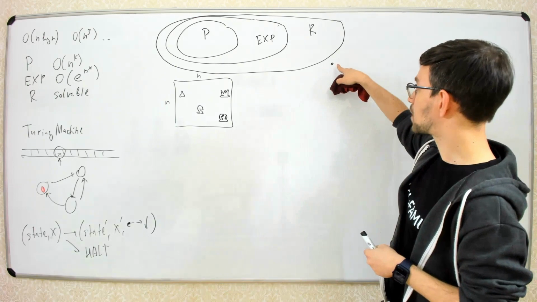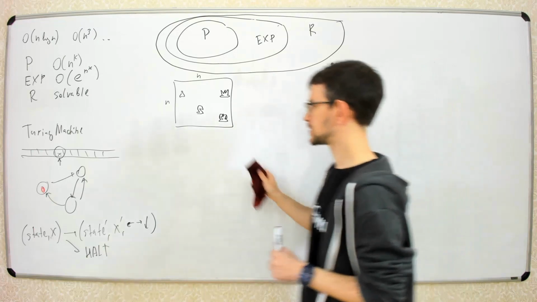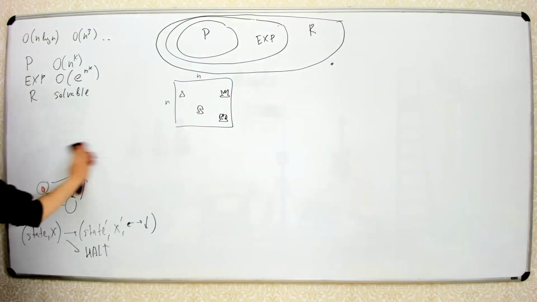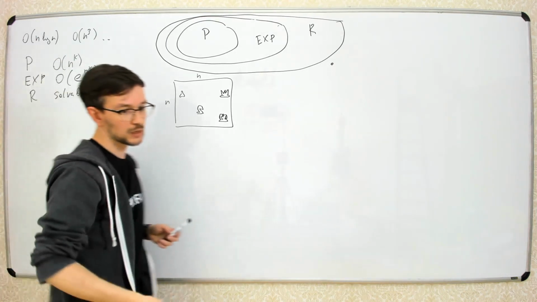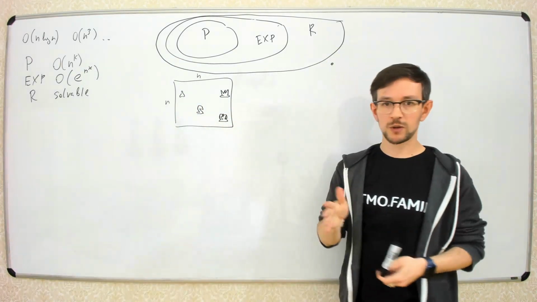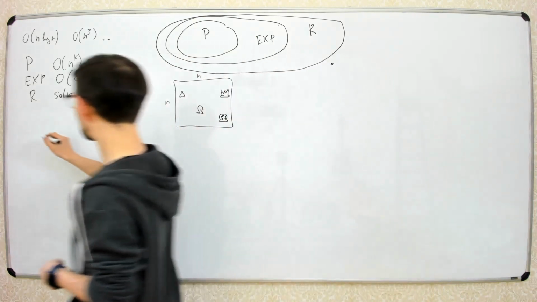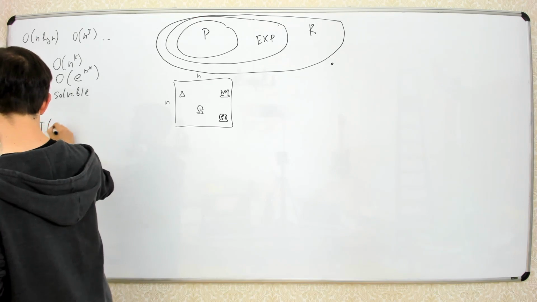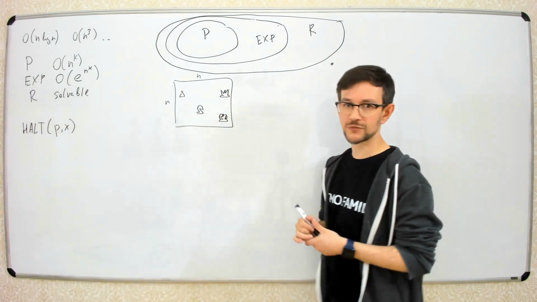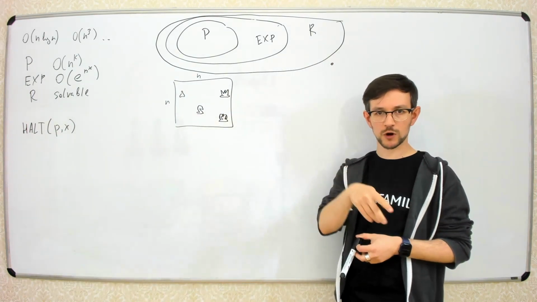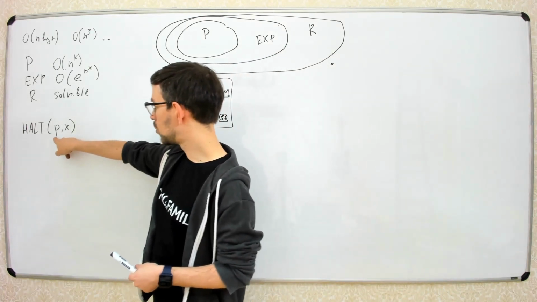So how do we find a problem which is outside of this class? That's very simple. The simplest problem outside of this solvable class is called the halting problem. The halting problem is the following: you are given some program and some input, and you want to say if this program will halt on this input.